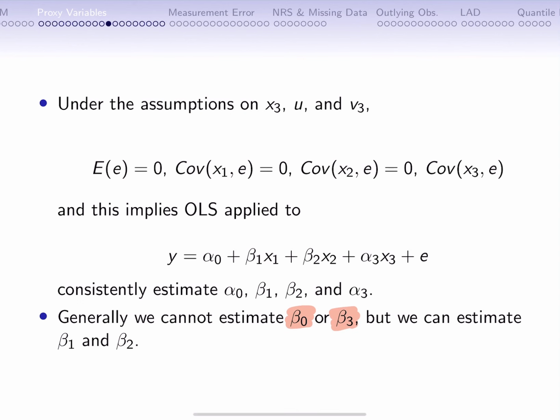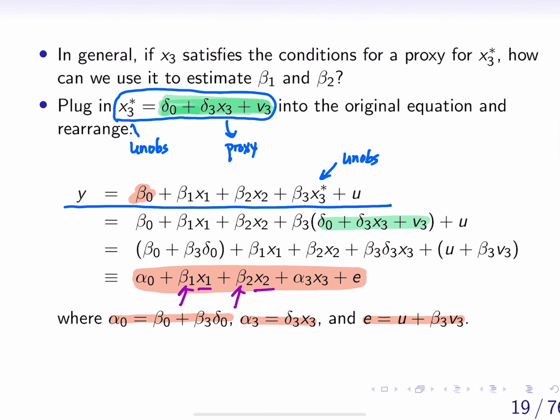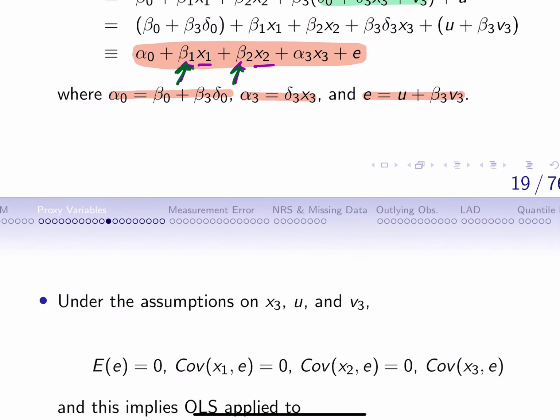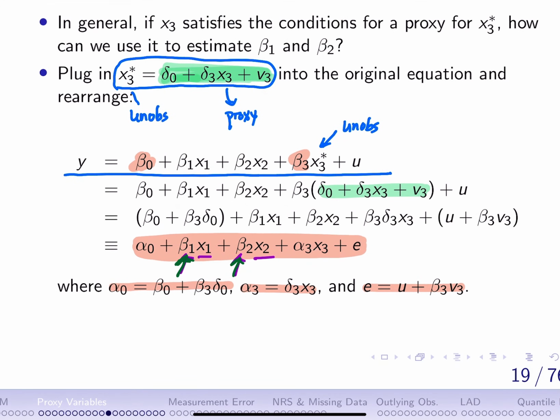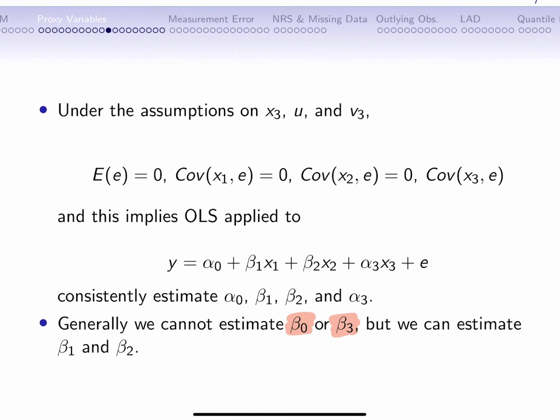We can't estimate beta 0 or beta 3. We can estimate these two, but if we are interested in, let's say, returns to education or the effect that experience has on wages, then we can do that by using proxies, because we're not really interested in beta 3. If you're interested in beta 1 and beta 2, we want those to be unbiased and consistent.